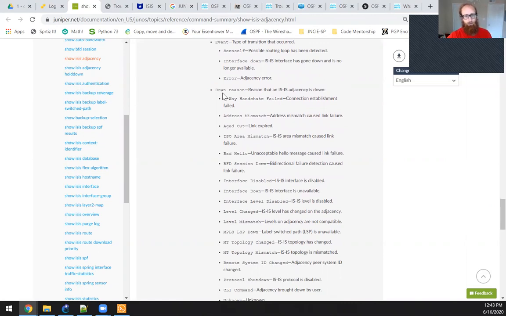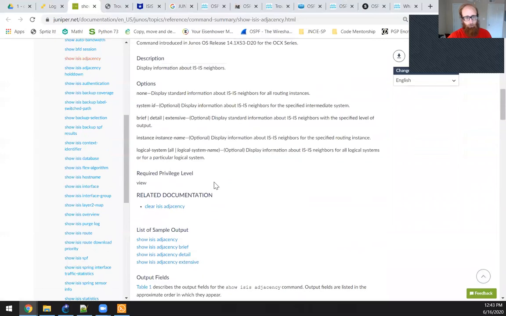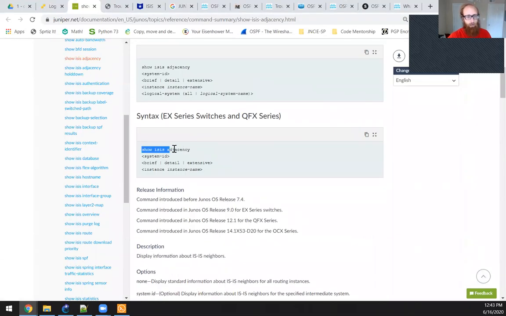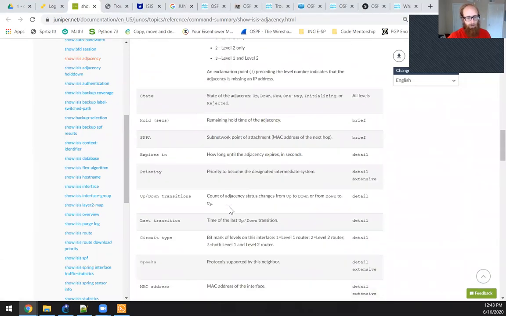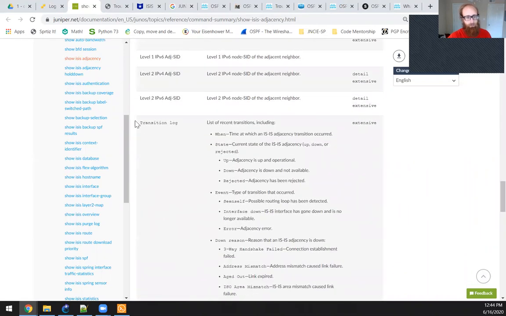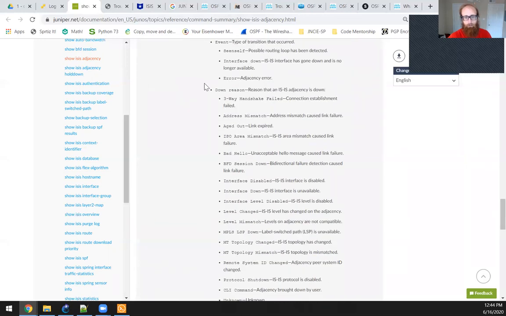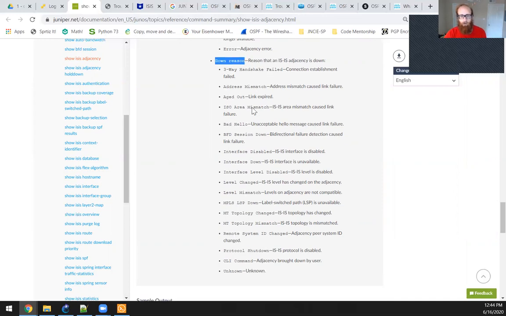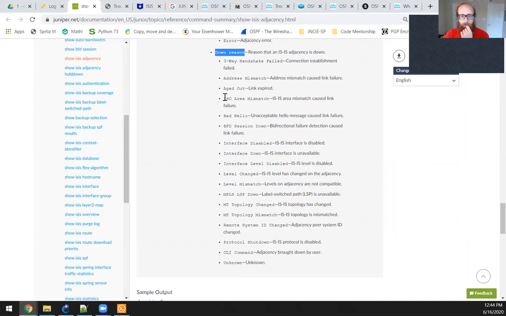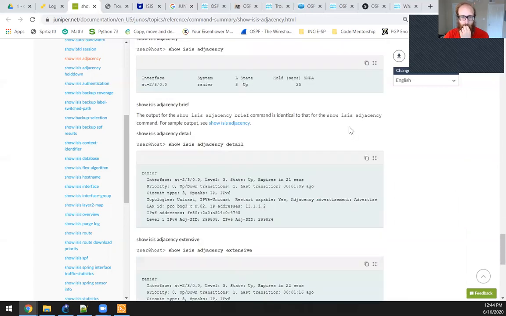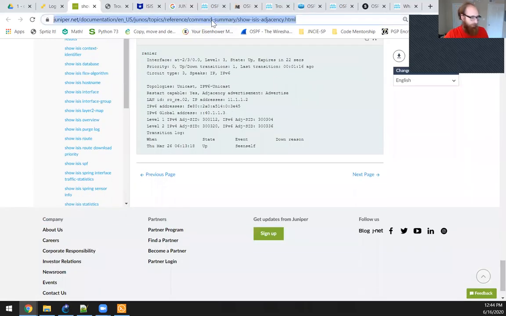So this is going to be really useful because we can see if we run this command, show ISIS adjacency, and we have a transition log. If we look at the down reason, we'll be able to see ISO area mismatch and tell right away if there's a mismatch. And we get the same thing for level mismatch. All right, so yeah, let's take a note of this as well.